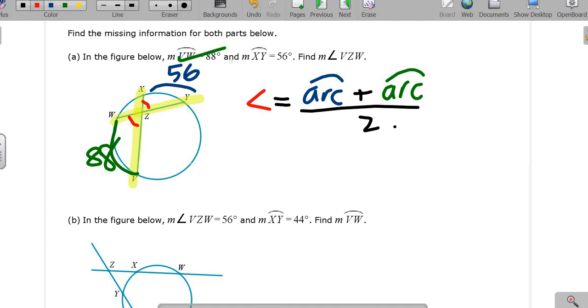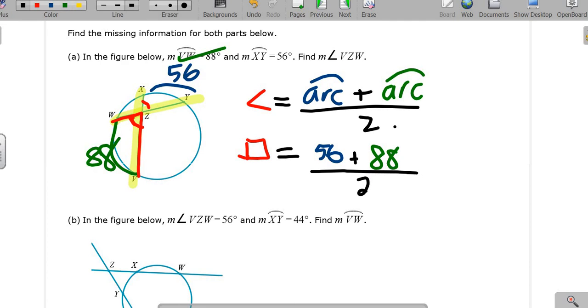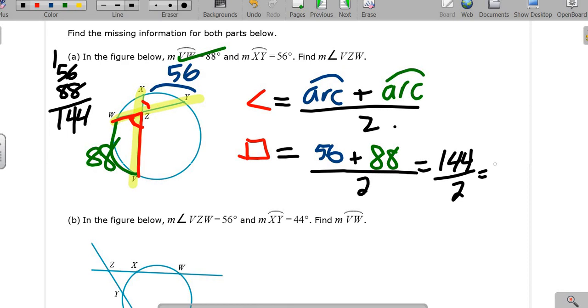And you're being asked to find VZW, which is that angle right there. So our unknown is the angle this time, equals arc 56 and 88 added together. You get 144 divided by 2, and that is 72 degrees right there, folks.